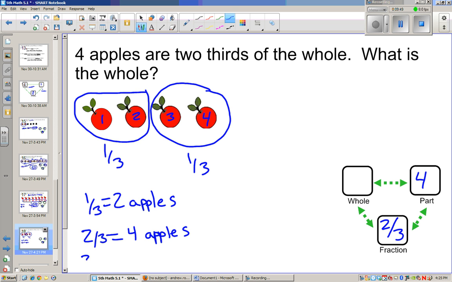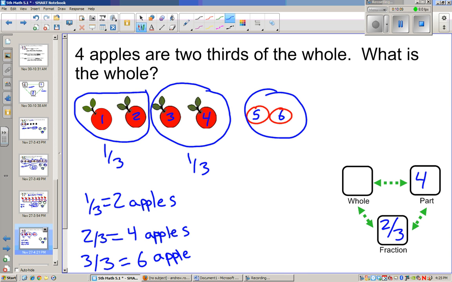And then 3/3 must equal 5 apples, 6 apples. So here's the last third. So in total, 3/3 would equal 6 apples.